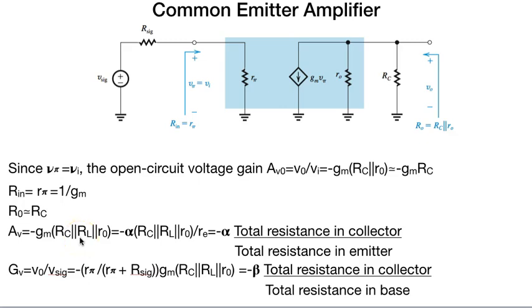So you can say that AV is equal to minus alpha times the total resistance in the collector region upon the total resistance in the emitter region.